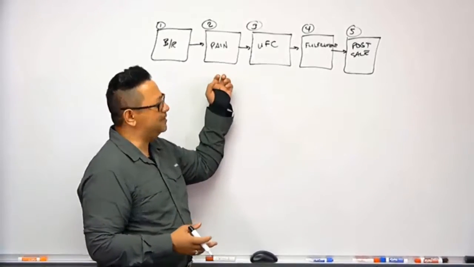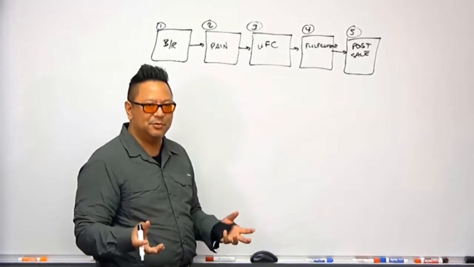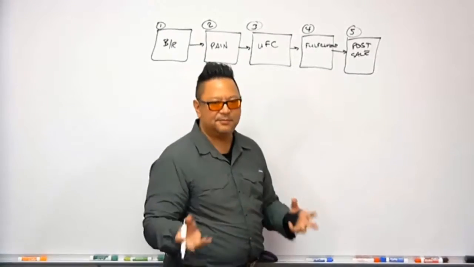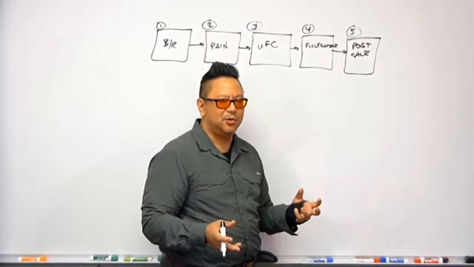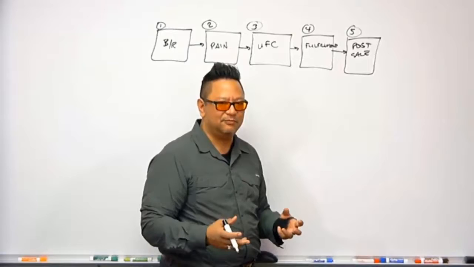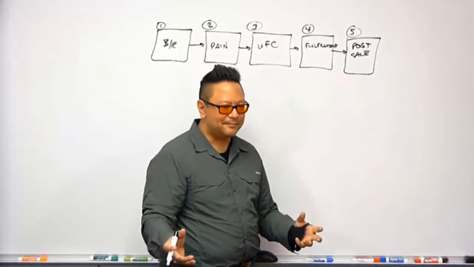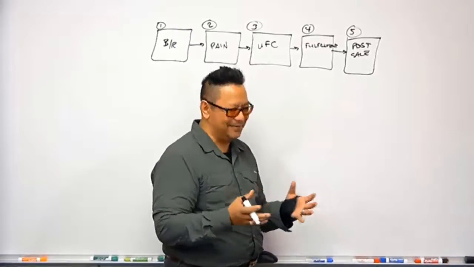And then number 3, the upfront contract to tell them what's going to happen. Okay, so in order to make sure this doesn't happen to you, this is what's going to happen. Is that cool with you? And they say, yeah. Then fulfillment, shown the rates. So which choice between 1, 2, and 3 is going to work for you and your budget? And then number 5, hey, when I get this, I'm going to give it back to you.